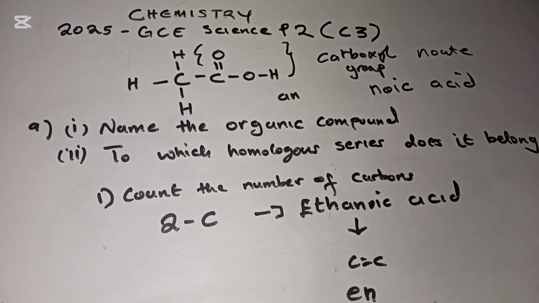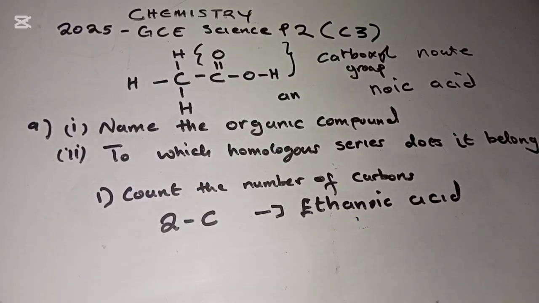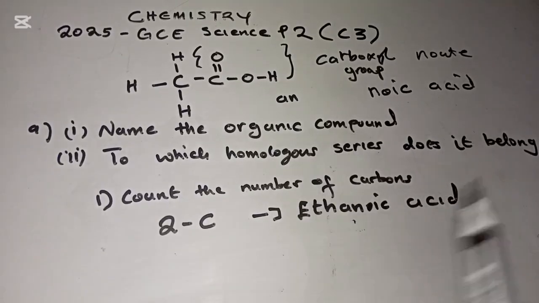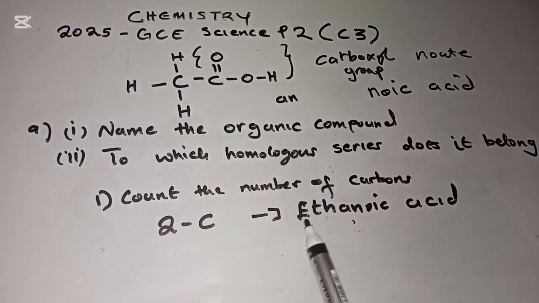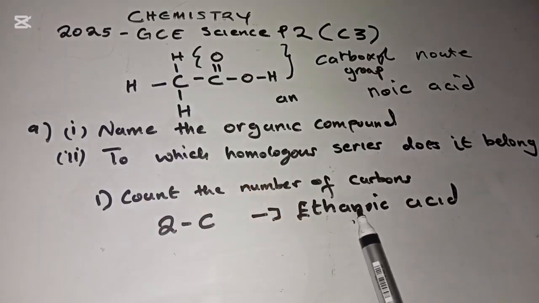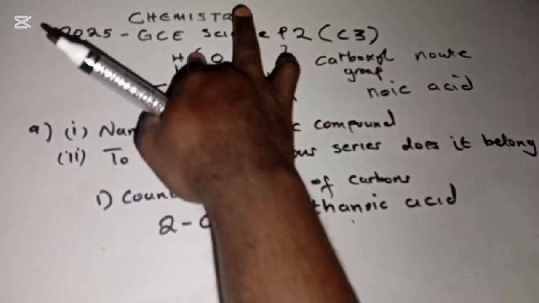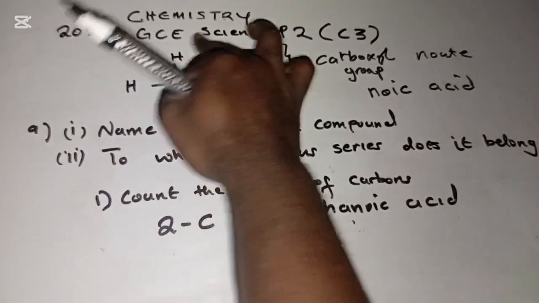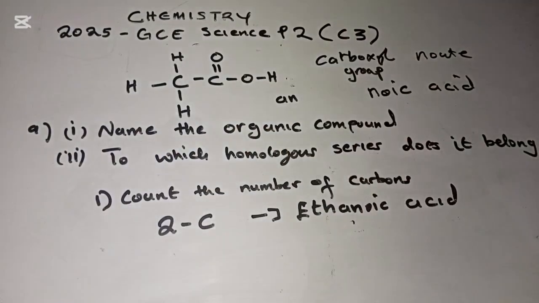This is actually ethanoic acid. That is the name. So the name of the organic compound is ethanoic acid. What led me to tell that it's an acid is the functional group, and the prefix for two carbon atoms. How did I know not to put en here? Because there is no double bond. To which homologous series does it belong?